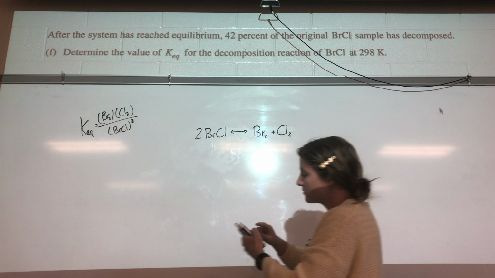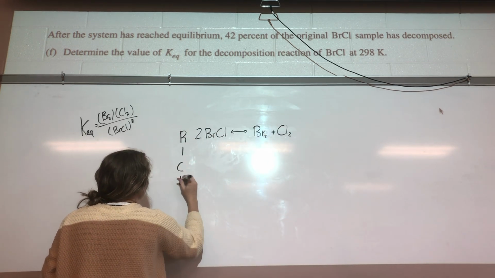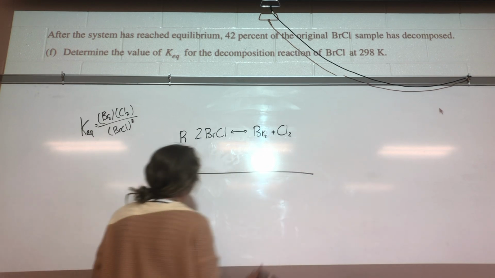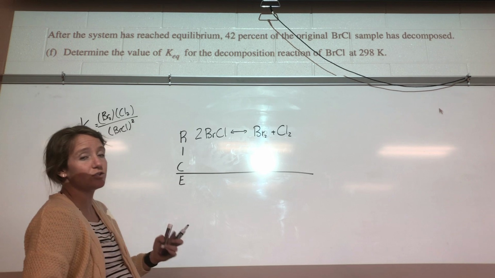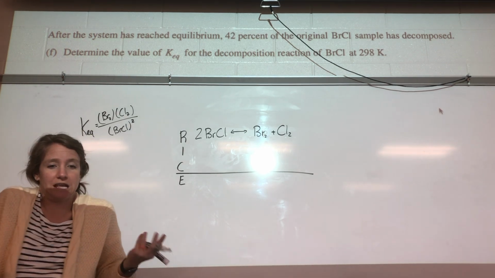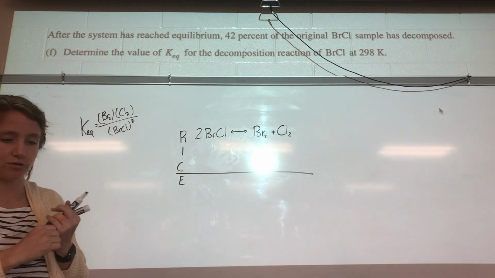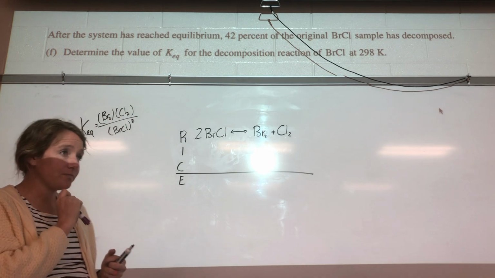And so when we get to equilibrium, that's how we know an ICE chart comes into play. Now there's two approaches you can take to this. You can either solve it through pressure or through concentration, and it doesn't actually matter. As long as you show your process, you would get the points for it.